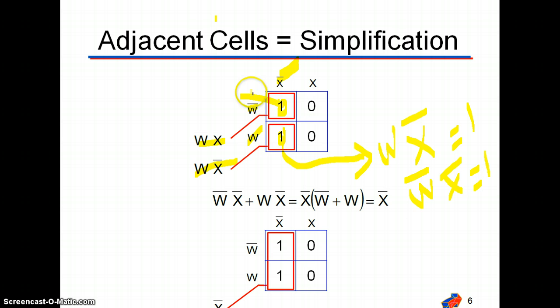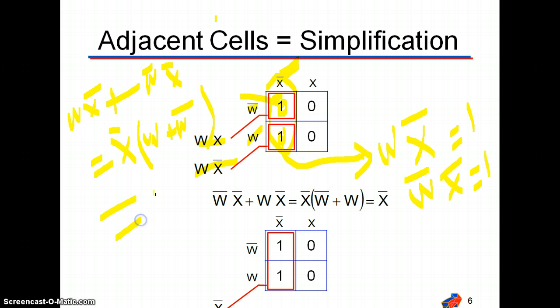And now we can see that these two are forming a pair of 1s over here, so this can be taken as the ORing of the two adjacent cells, that is W X bar plus W bar X bar, which provides us X bar as common, W plus W bar, and that gives us X bar.